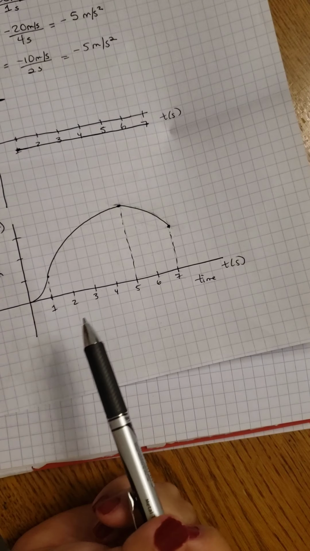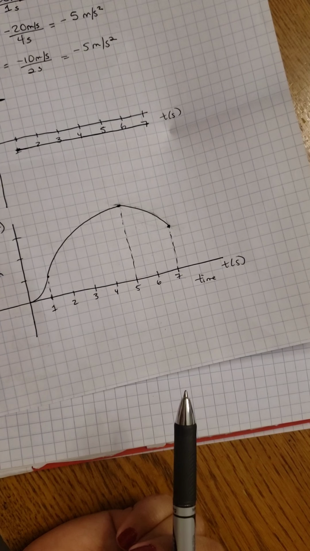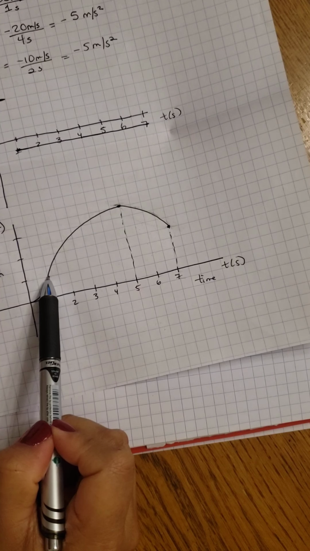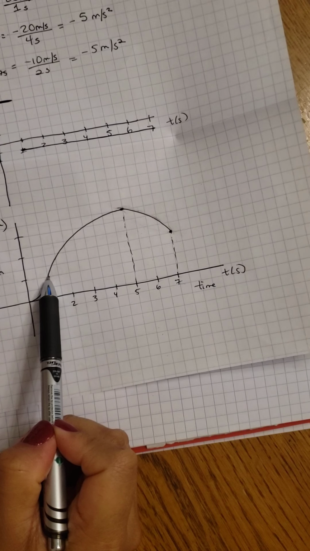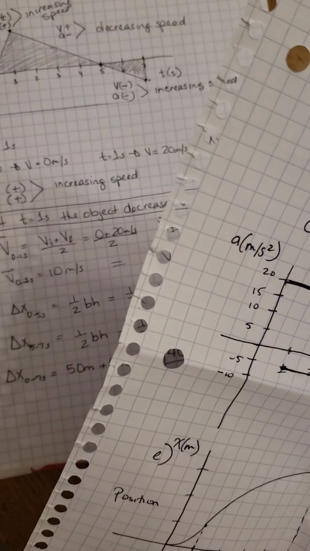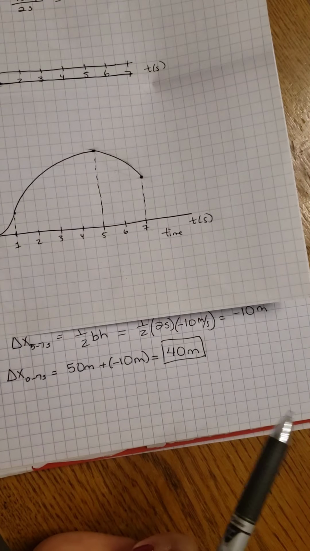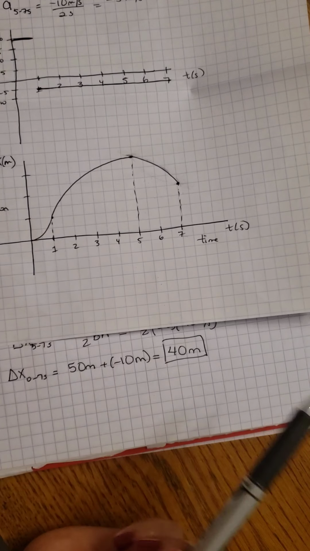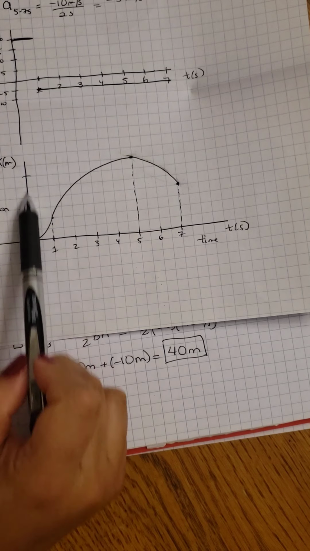For the position time graph, it simply said sketch, so we really don't know what this position is here. The problem is not asking us to find that position. We could if we find the displacement, which we have already done, okay? But it's really not asking us to do that, okay? So we don't have to include anything.